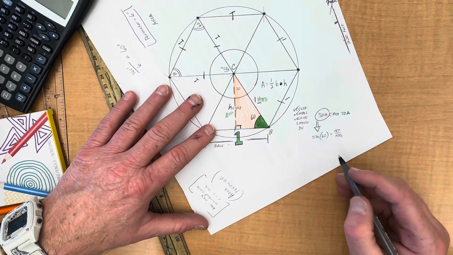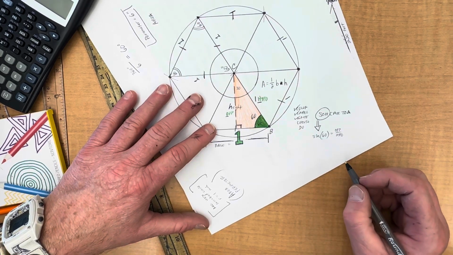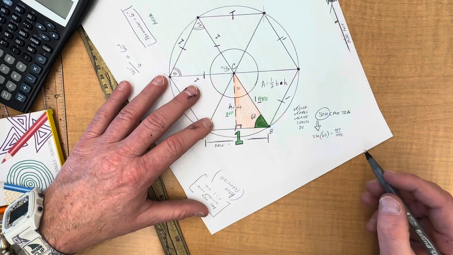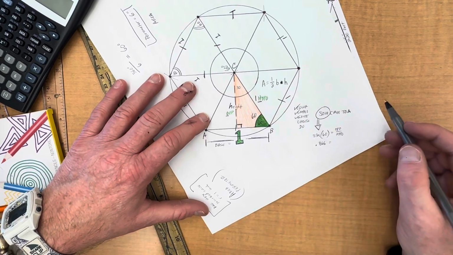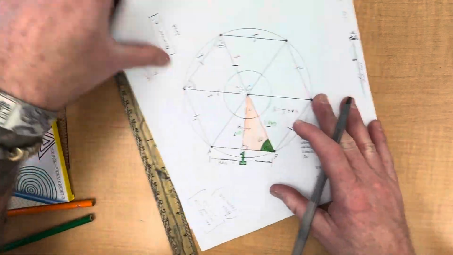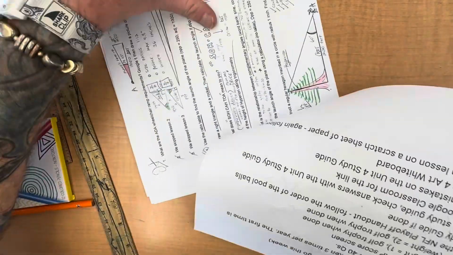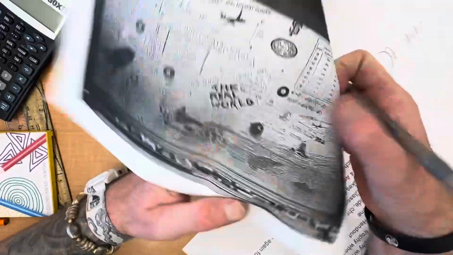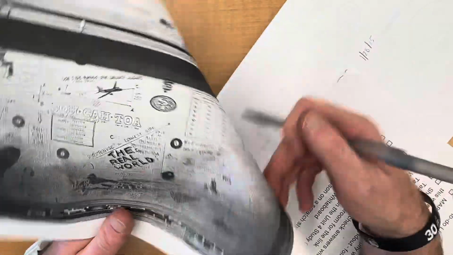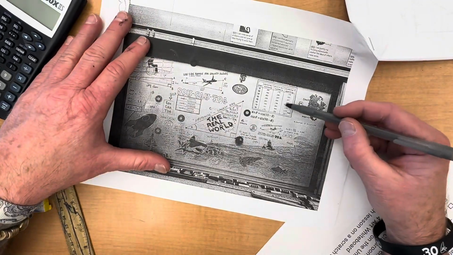Sin 60 is 0.866. I just use the table, which I have on my whiteboard. Just to clarify, this is where I looked, right here. I've got the table on the whiteboard.